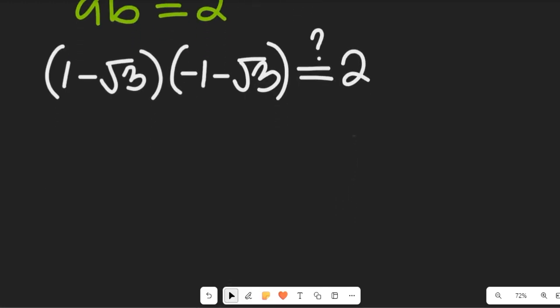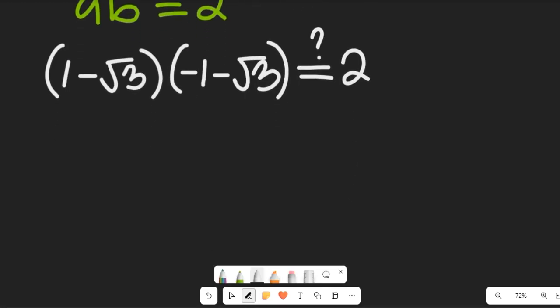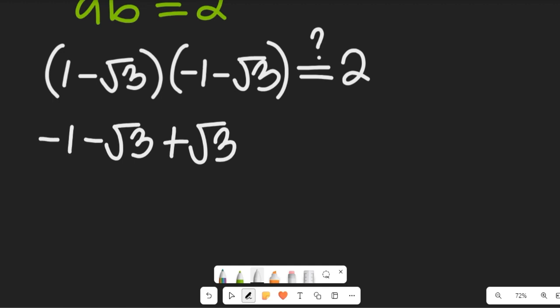Let's check. If we analyze this, you find out 1 multiplied by negative 1 is going to give us negative 1. 1 multiplied by negative root 3 will give us negative root 3, right? So we'll have negative root 3 multiplied by negative 1 will give us positive root 3. And then minus times minus will give us plus. Root 3 times root 3 will give us 3. Now will this be able to give us 2?